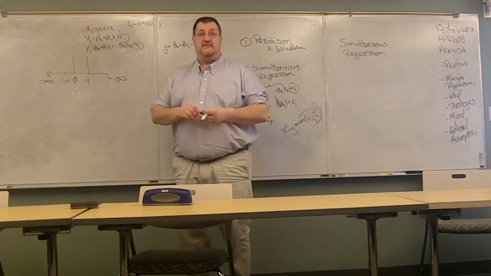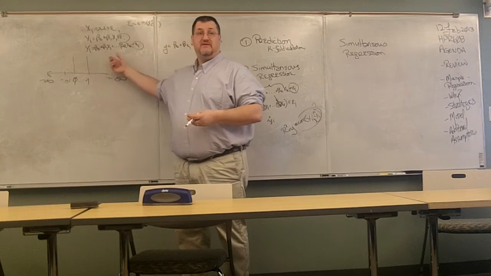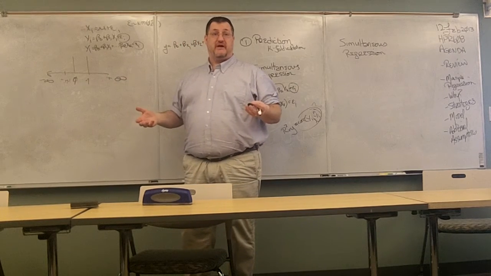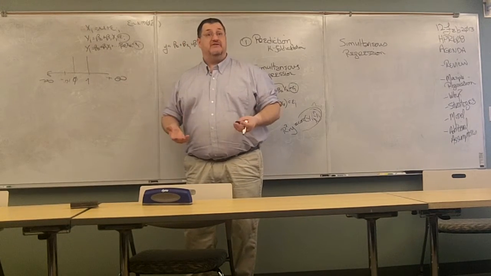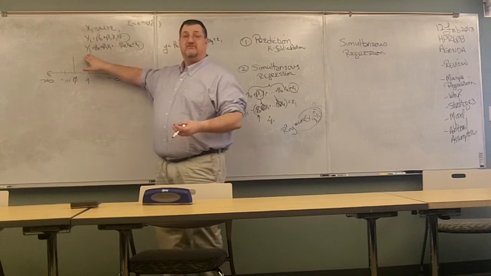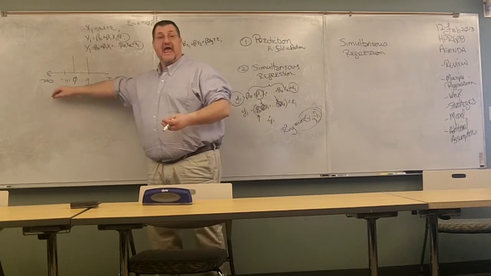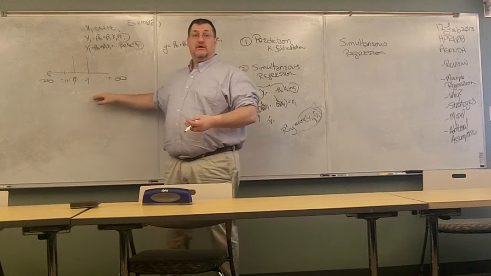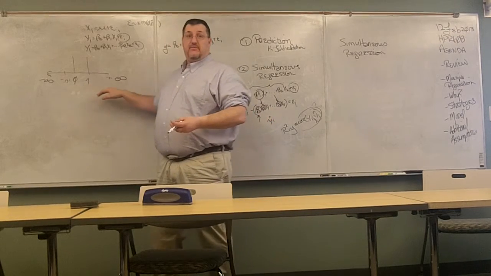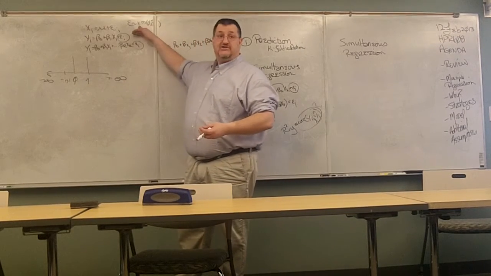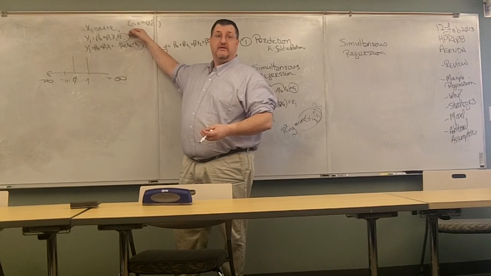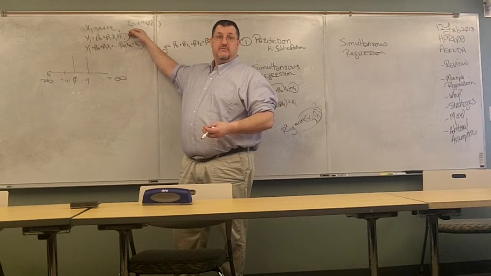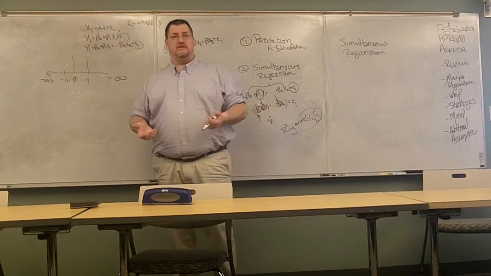But in the end, the meaning of these betas doesn't change substantially. They change in the sense that instead of predicting some continuous outcome that can take any value between negative infinity and positive infinity, we have to think about the nature of our data. When I do logistic regression, I'm going to predict what's called a logit.